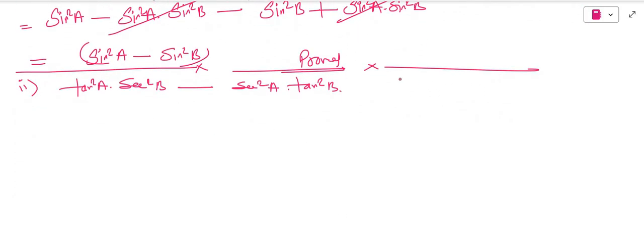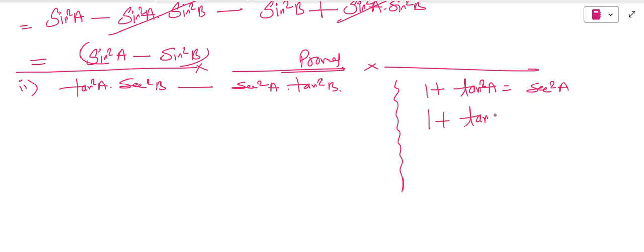So we want to get rid of sec square. Do you remember this formula? 1 plus tan square A is sec square A, correct? And 1 plus tan square B is sec square B. Understood? So we have to get rid of sec square.